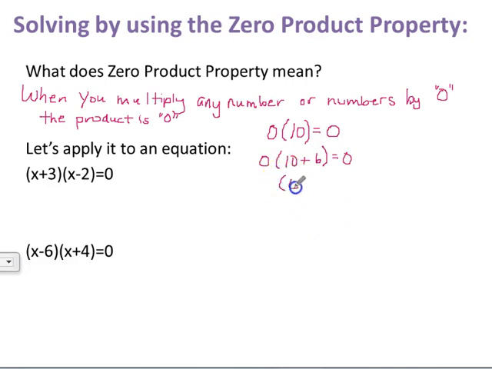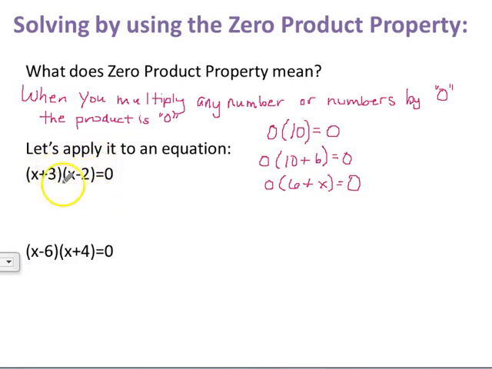If we have 6 plus x in parentheses and multiply it by 0, our answer will be 0. So anytime you have 0 and you multiply it by a number or set of numbers, the answer is going to be 0.